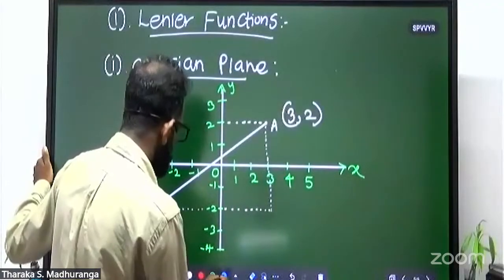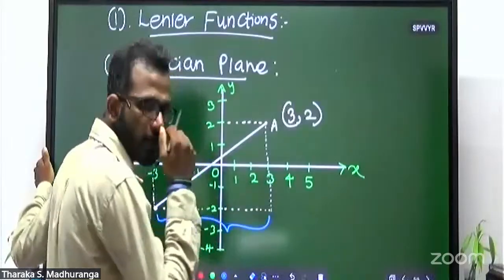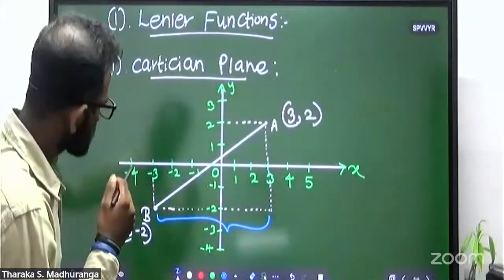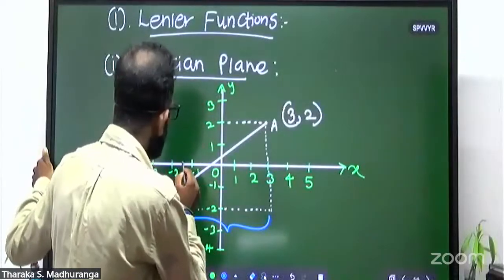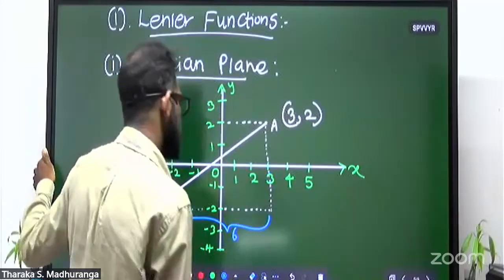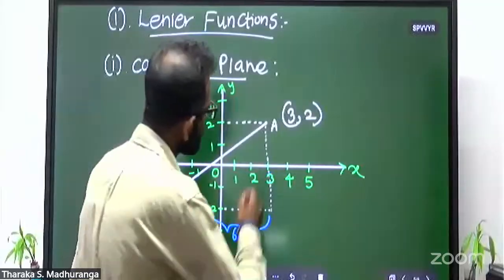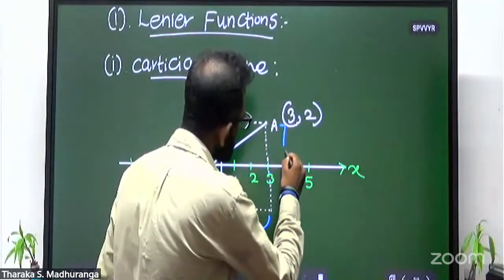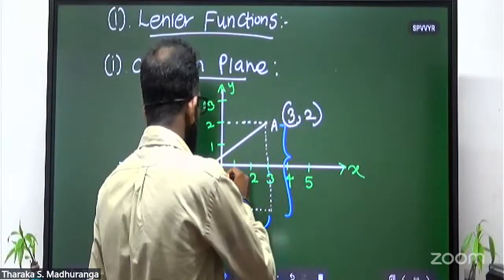The length of this side, you can count 1, 2, 3, 4, 5, 6. This is 6. Then this other length is 1, 2, 3, 4.